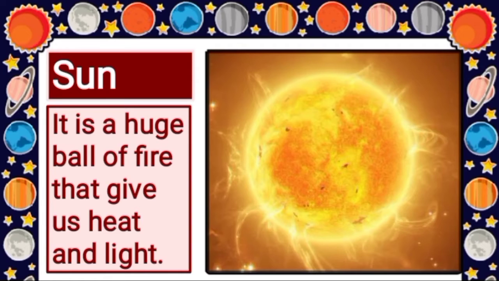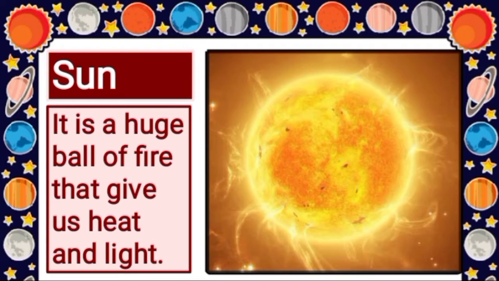In addition, the sun contains more than 99% of all the material in the solar system, and it is a hot ball of hydrogen and helium gas. Means that the sun is a huge ball of fire that gives us heat and light, and it is at the center of the solar system.